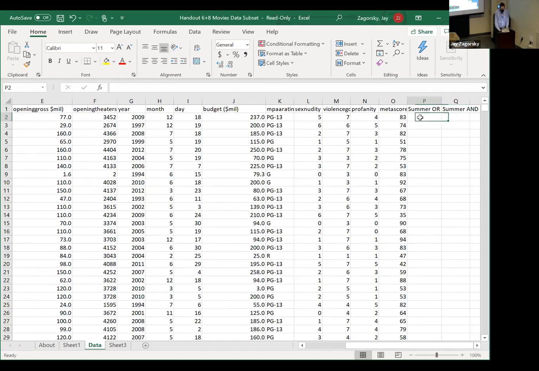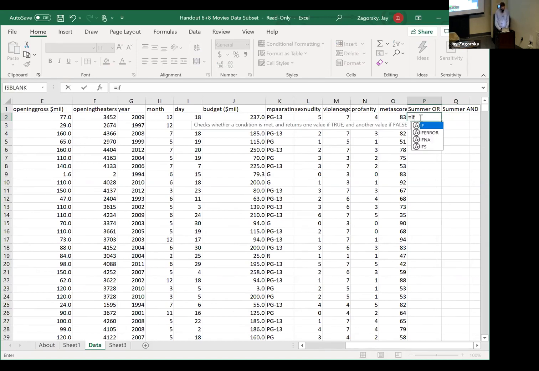Let's create an if statement using the or function. There's an Excel video that talks about the logical functions. I believe it's advanced number 2 video on the website. So we can say equal if, and then we can say or. What's summer? It's either 6 or 7 or 8. It's either June or July or August.